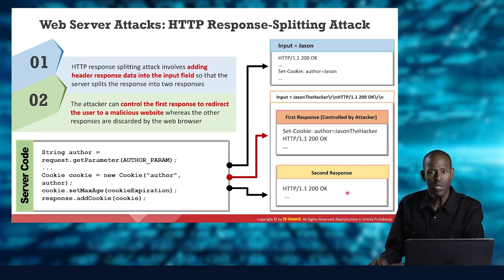So we get two separate responses, and the attacker controls the first response. What they do with that is redirect the user to a malicious website rather than where they are going to go. This is a response splitting attack. In this case, it's Jason the hacker sending the user to the improper website.